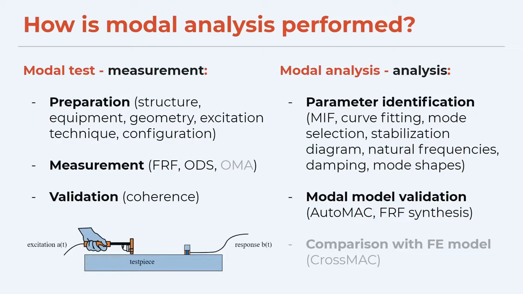When we do the measurement, we get the frequency response function and also the coherence that is able to validate our measurement. On the other hand, we have the modal analysis, which is analysis of modal test data.